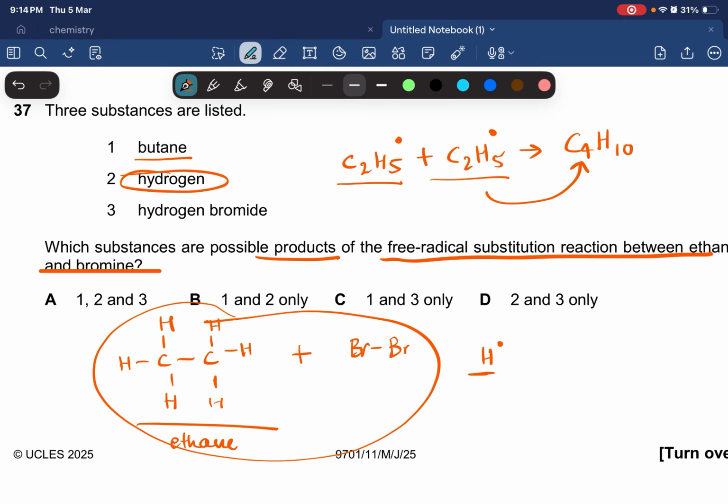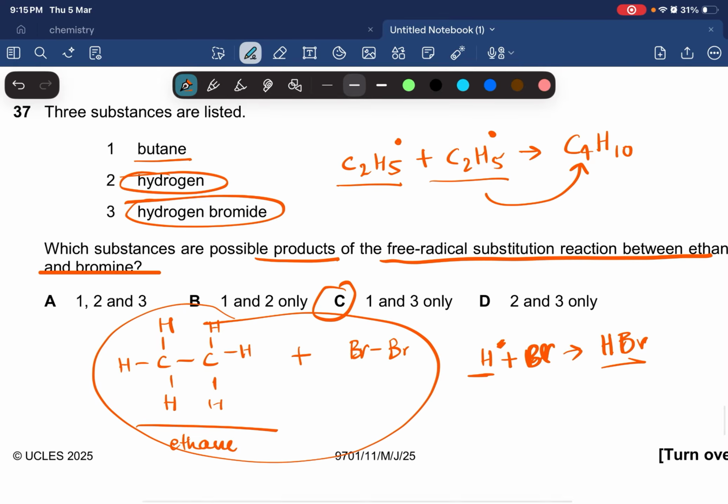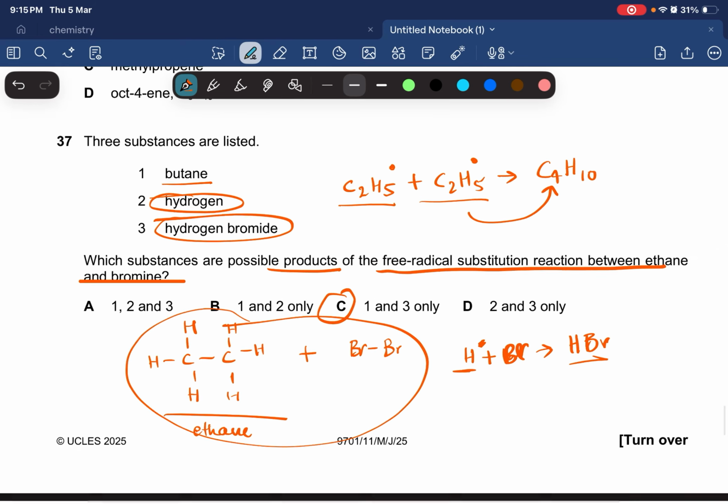Because they react with chlorine or bromine, and we form HBr or HCl. So over here, hydrogen bromide is going to be formed. Which substances are possible products? I guess 1 and 3 only. Yeah, I'm correct. That's how it works.